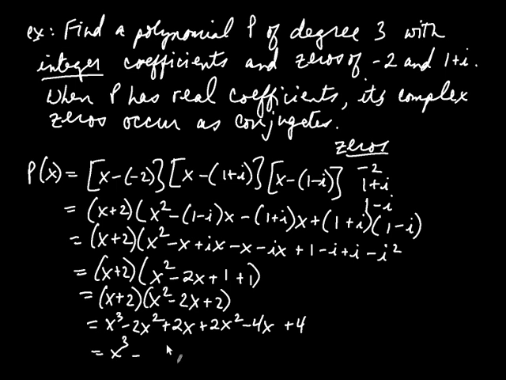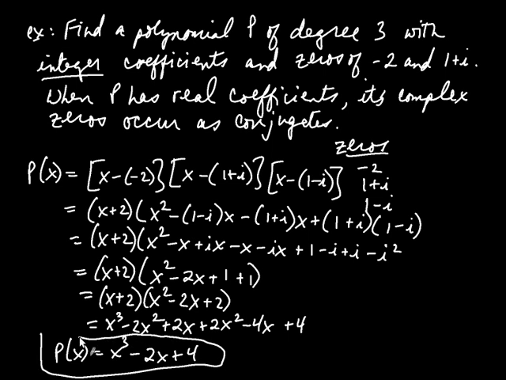Let's see, the negative 2x squared and positive 2x squared cancel. Positive 2x minus 4x is minus 2x, and then plus 4. So this is the polynomial. This is a polynomial that has negative 2, 1 plus i, and 1 minus i as zeros.